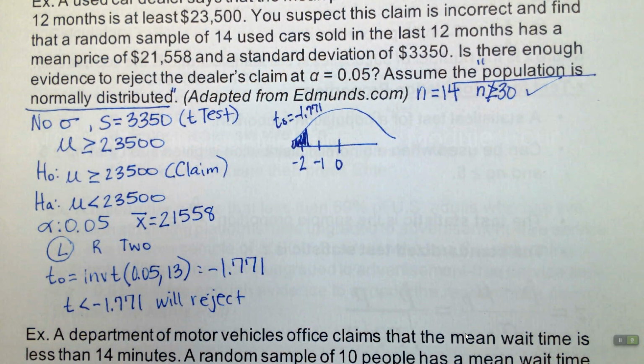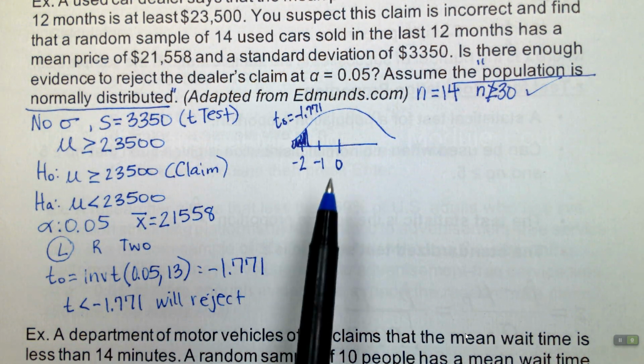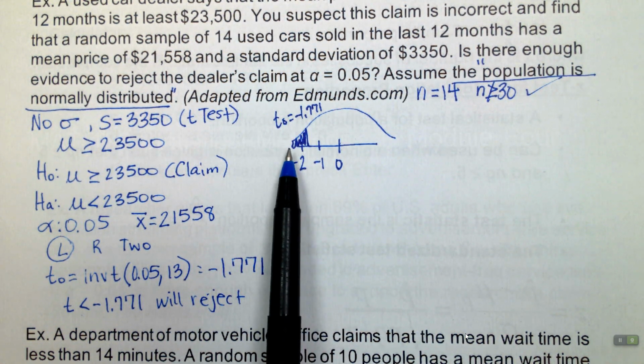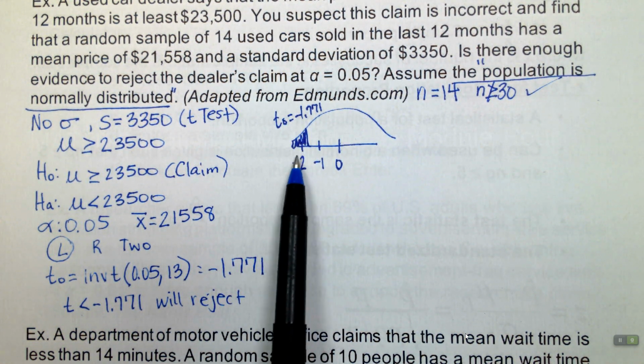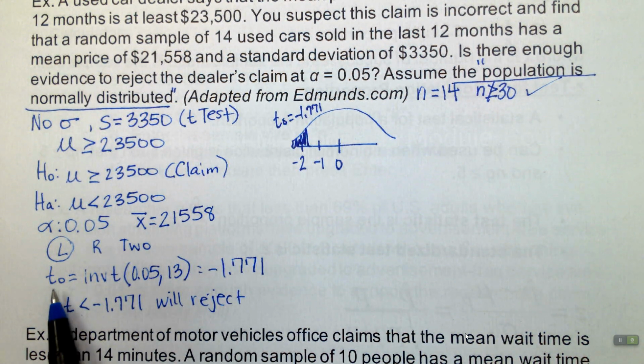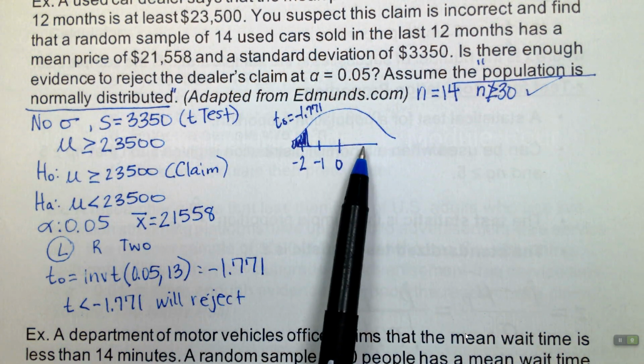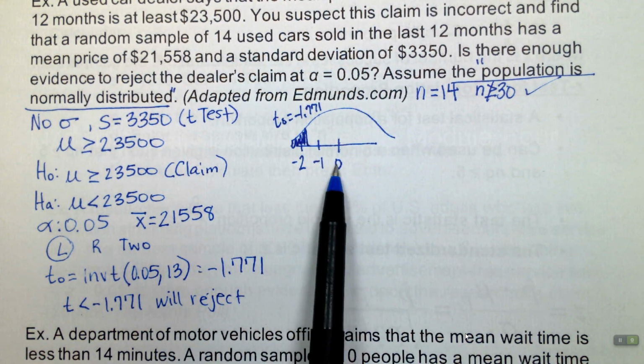So again, it depends on how you do this problem. It's up to you. You don't have to draw, but I'm a visual person, so I like to draw and then see where my t goes. I'm looking for any t that is less than my t naught, because it's a left tail test. If you're good at just knowing what's less and greater than, you don't have to draw. But me, I'm a visual person, so I like to draw my graph.